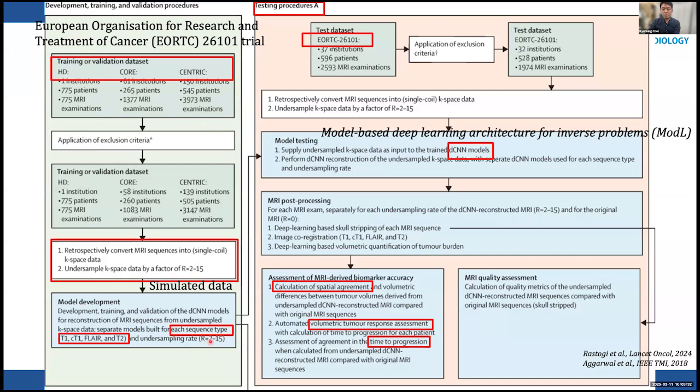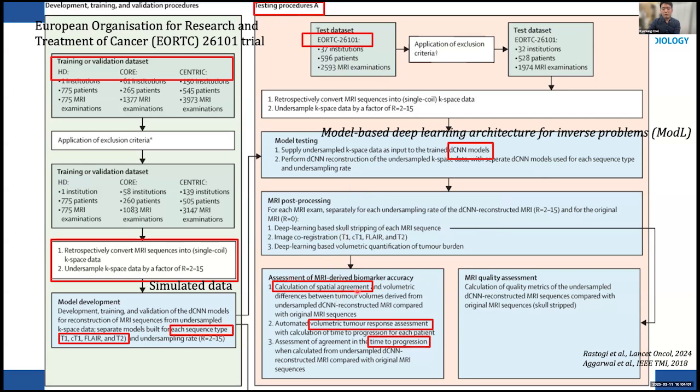They developed the reconstruction models for each of four structural sequences and undersampling rates. They used a deep CNN model or model-based deep learning architecture for inverse problems, which was published in a previous journal. And they tested the models using two procedures, A for single coil and B for multi-coil.